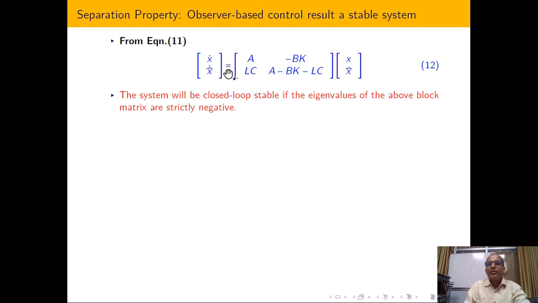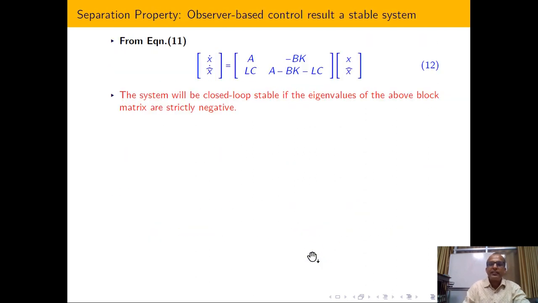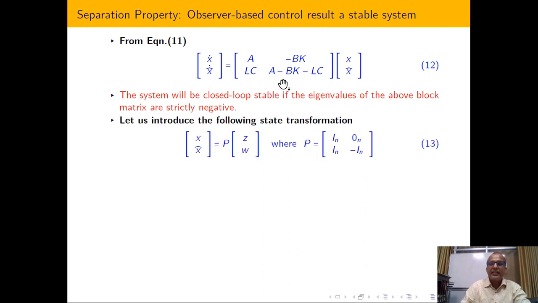If you write these two equations together, you get this kind of state space model. Here everything looks complicated and coupled, so I am going to introduce a state transformation, defined like this, where P is a matrix built from the identity.